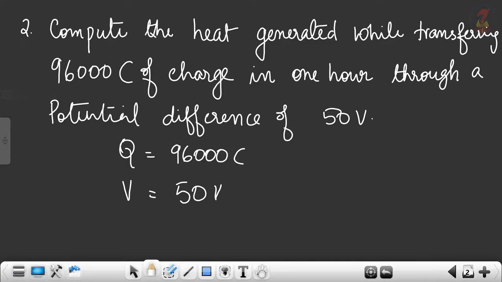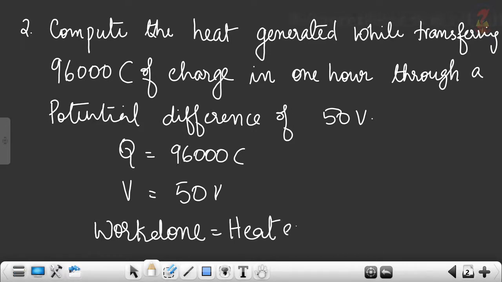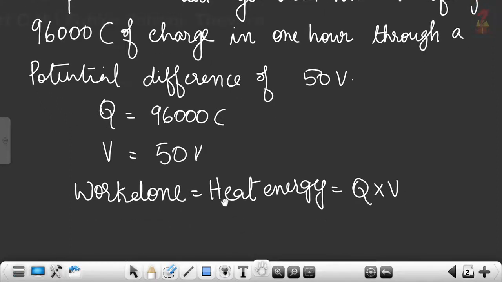So when you are calculating the heat energy, you can calculate the work done, that will be equal to the amount of heat energy. So work done is equal to heat energy, that is equal to Q into V. So you will get an equation like this.